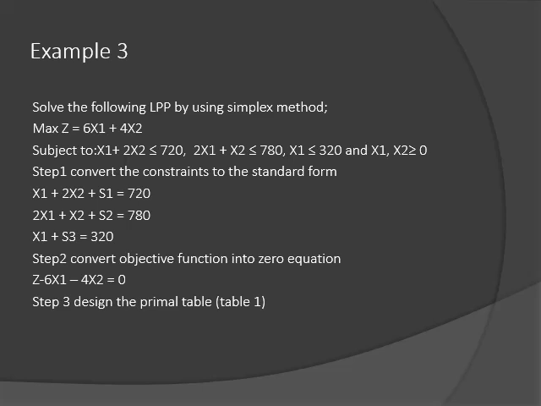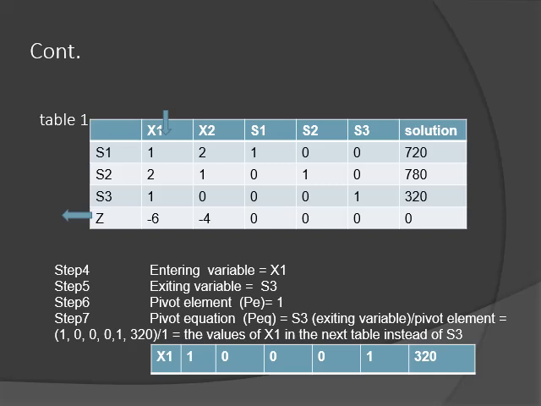The second step is to convert objective function into zero function by moving the right side to the left side, and then we will get zero function. Okay, this is what you call primal table or essential table or table number 1, referring to the standard form of constraints.